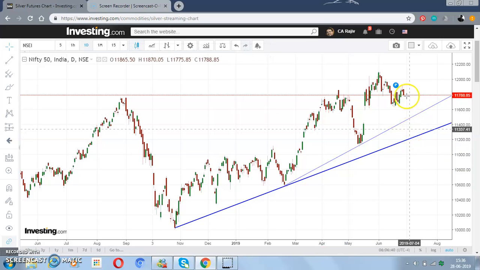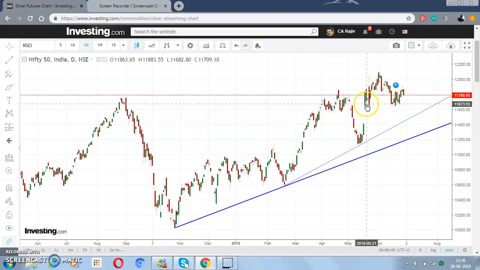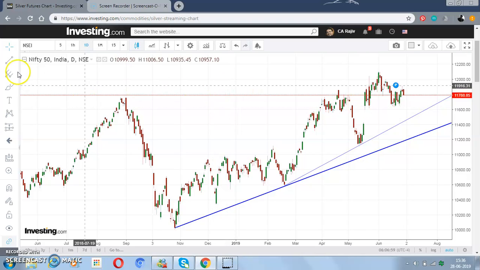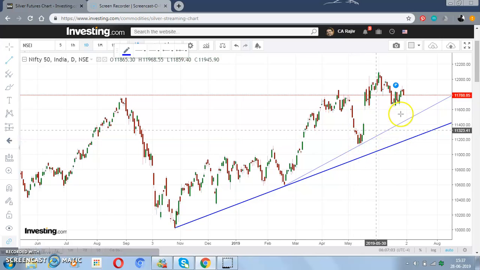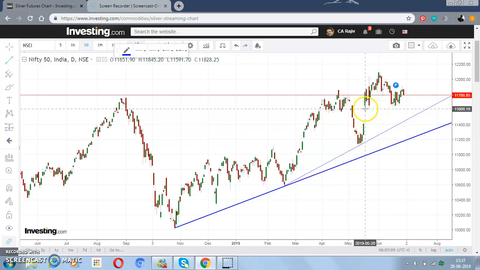Of course, as of today the Nifty has been at 11,790, and if we see the last few days, especially since the election results, what we observe is that on a very short-term time frame, the Nifty has taken support at 11,600 level.